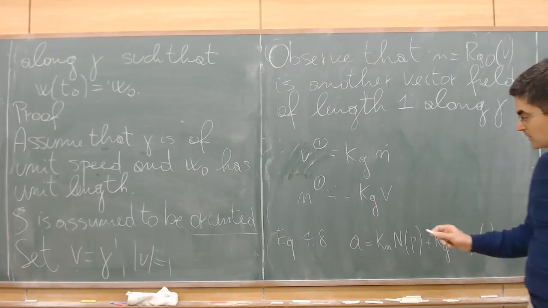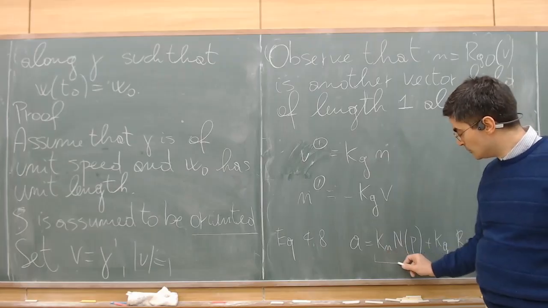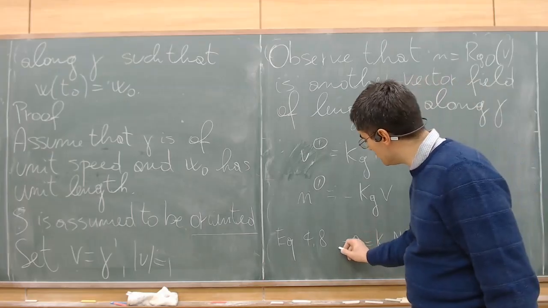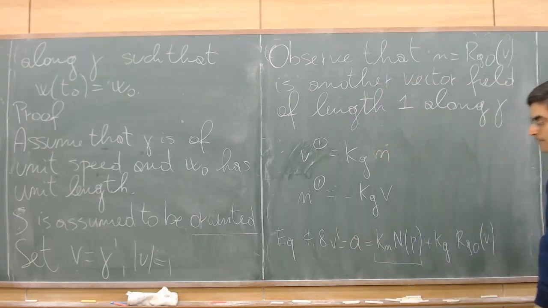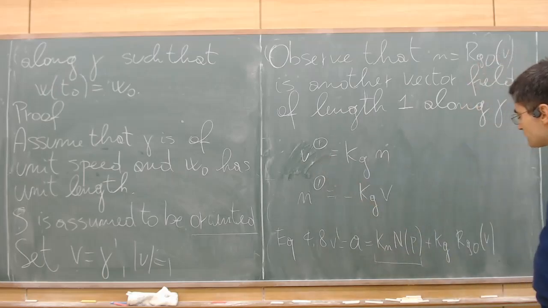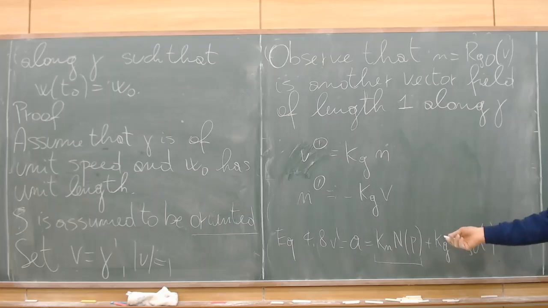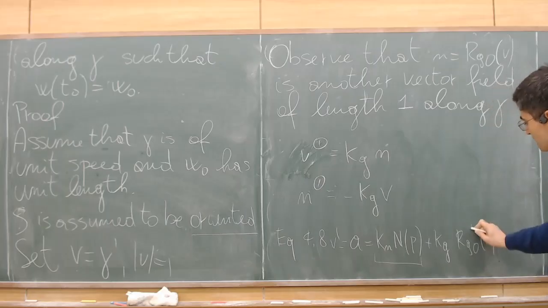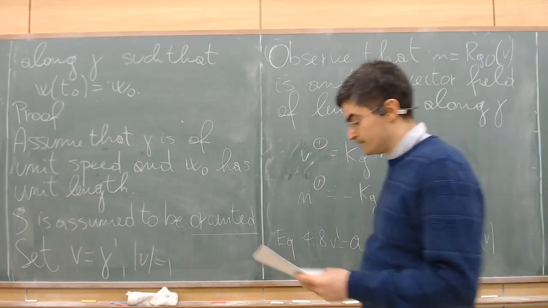This means that this term disappears, and A, which is V prime, is replaced by the covariant derivative, and from this formula we get immediately that it is equal to Kg times n.